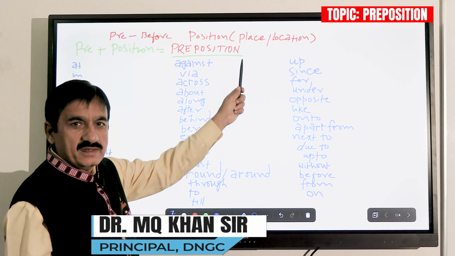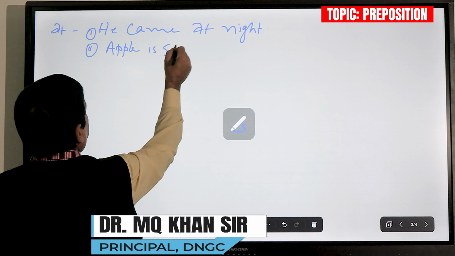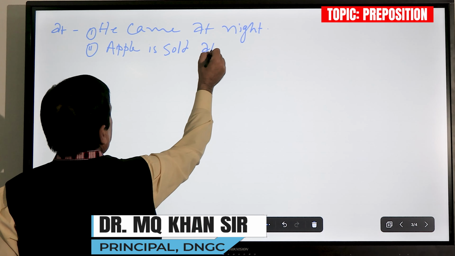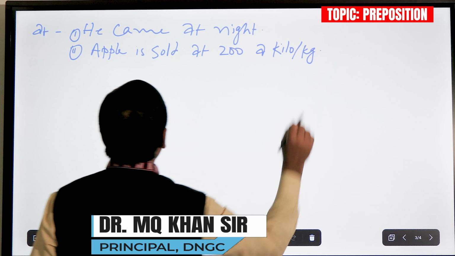Let me analyze it here. So this at, like he came at night, or say another use, apple is sold at 200 a kilo or kg, whatever you call it.